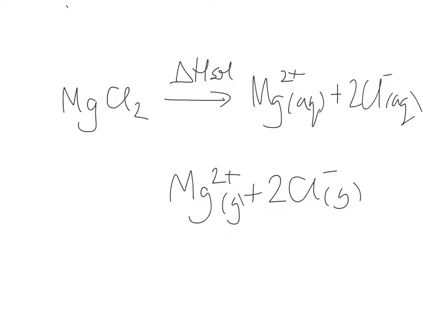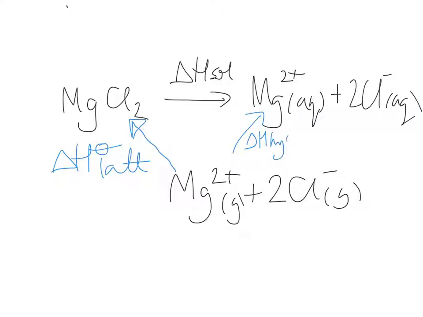So sticking with our recipe so far, this is magnesium 2 plus (g) plus 2Cl minus (g), going to MgCl2 (s), so this is our delta H lattice enthalpy. This is our delta H hydration of Mg2 plus, and this, take care, is twice the delta H hydration of Cl minus.